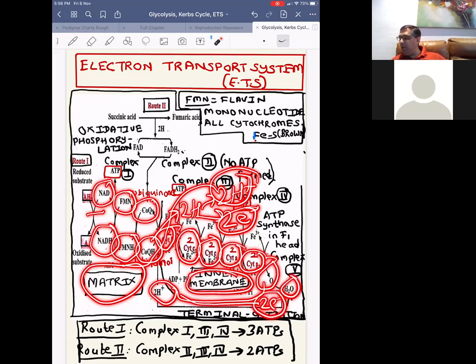And what is that phenomenon called? Terminal oxidation.